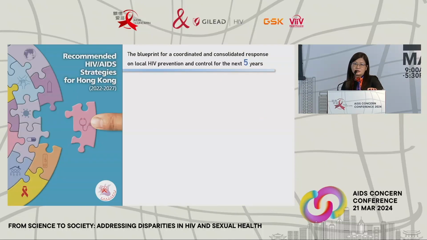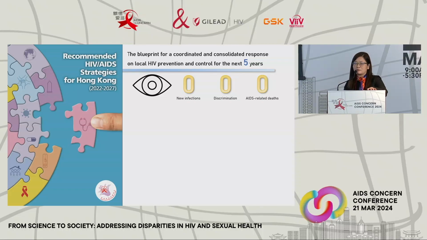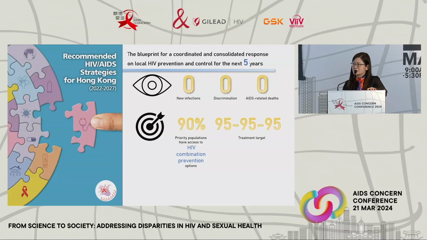So in our local context, we have the Hong Kong recommended strategy, which orchestrates a coordinated and consolidated response on local HIV control for the next 5 years. As mentioned by Dr. Ho, we have the vision of the 3-0, and we also put great emphasis on HIV prevention, as well as the 95 treatment targets.